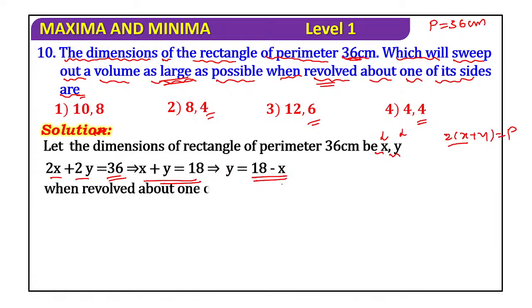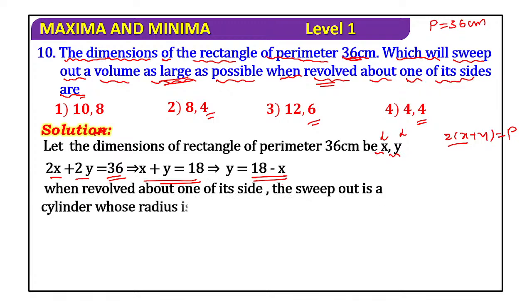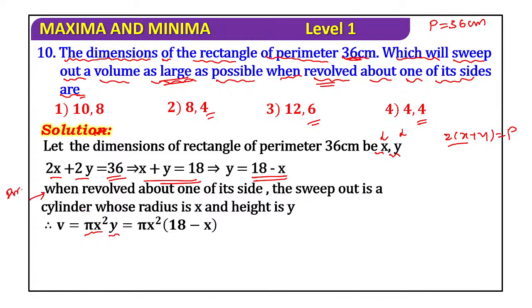And we know the volume formula, that is pi x square y. See here, this is important. When revolved about one of its sides, it sweeps out a cylinder.